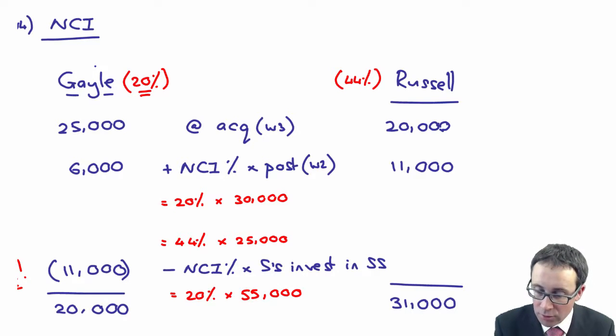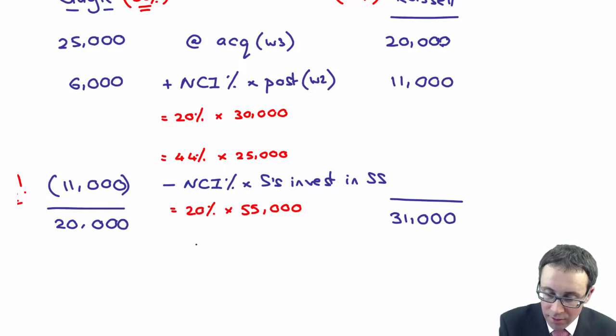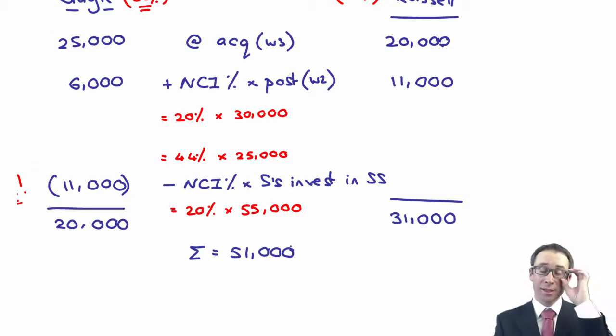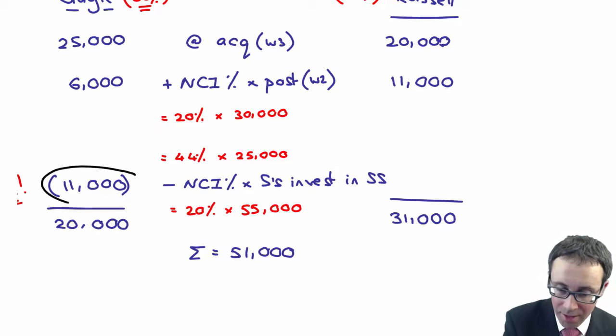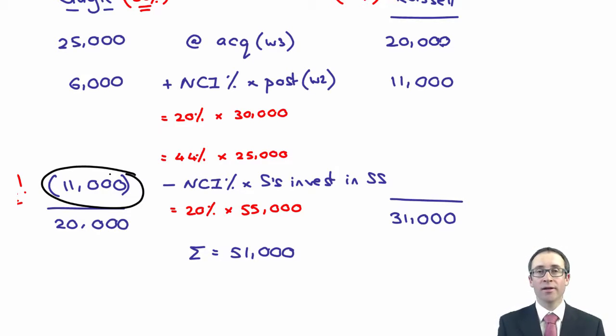Again, if we go through there and total it up, I think your total is 51,000, isn't it? There we go. So amongst all the madness, the only bit that is entirely mad and crazy is that adjustment there. Nothing else to it. Other than that, everything else is just the same.